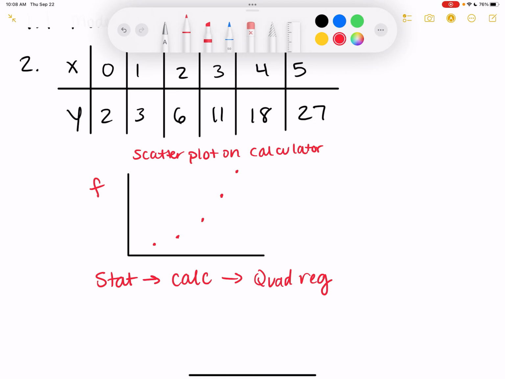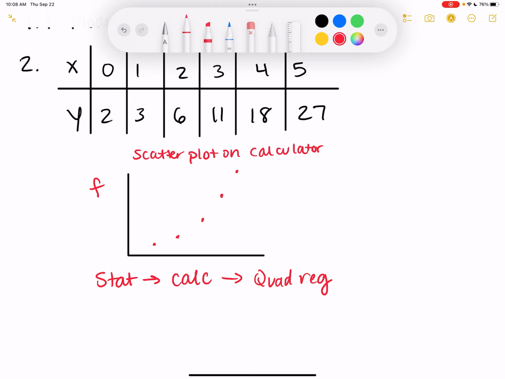So stat, calc, quad reg is number 5. Okay. If it looks more like a line, then you hit the lin reg one that was before that. Okay. So X list should be L1, Y list should be L2.